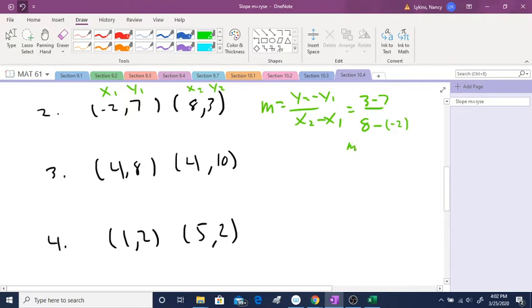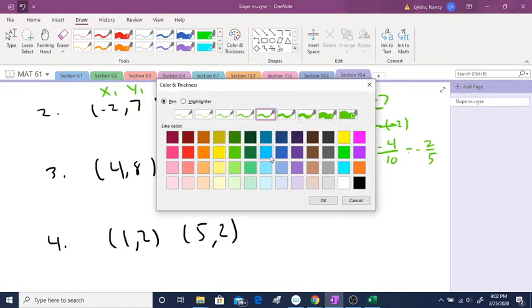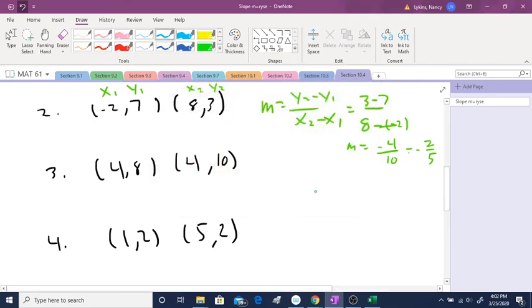So what happens now is m equals 3 minus 7 is negative 4 over, 2 negatives make a positive, 8 plus 2 is 10. So negative 4 over 10 reduces to negative 2/5. So those that got this, congratulations. Just remember, when you subtract a negative, it turns positive.